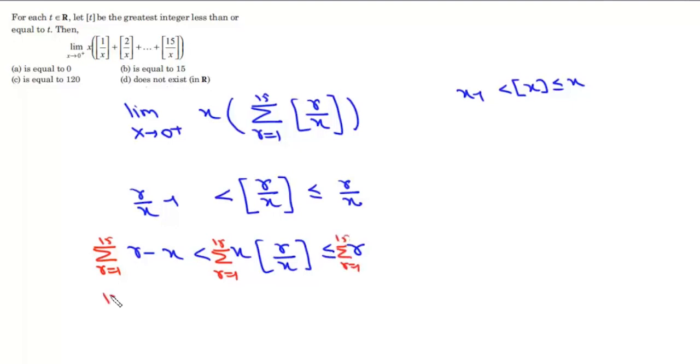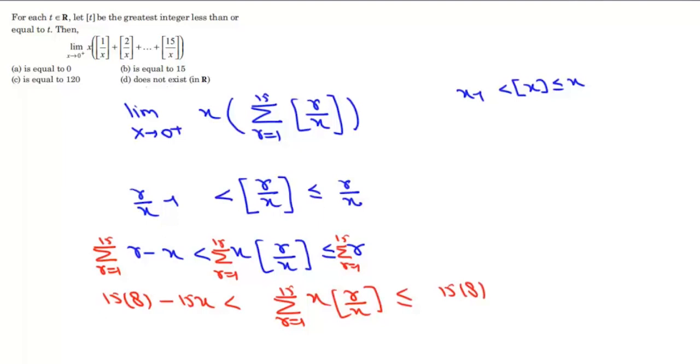Now this is n into n plus 1 by 2, so 120 minus 15x will be less than the summation, r varies from 1 to 15, of x into greatest integer function of r by x, and will be less than or equal to 120.